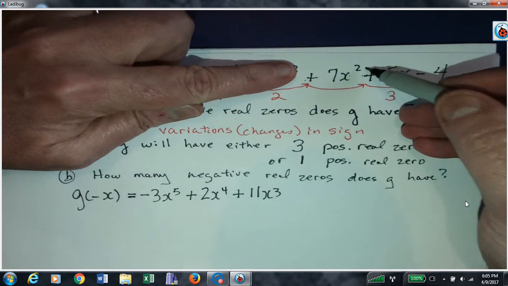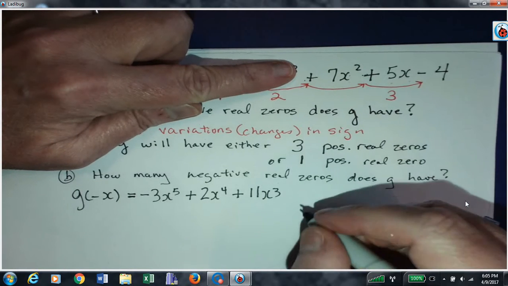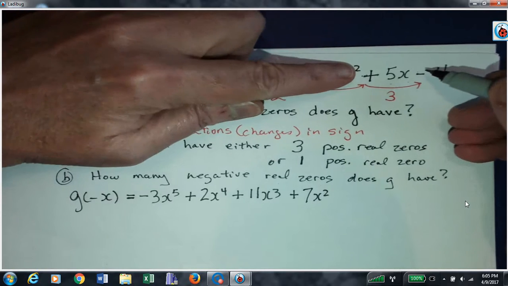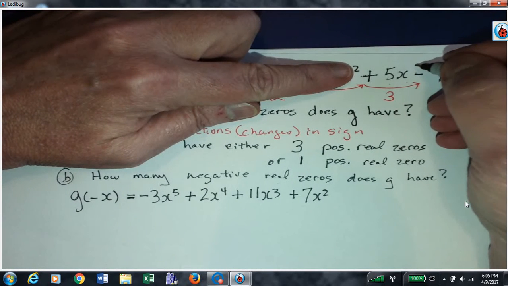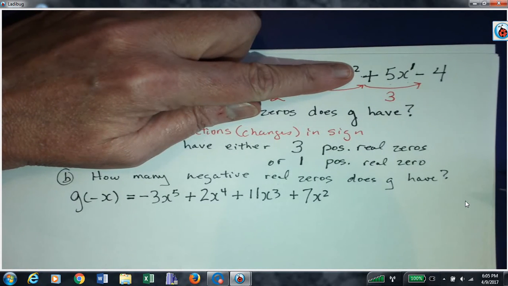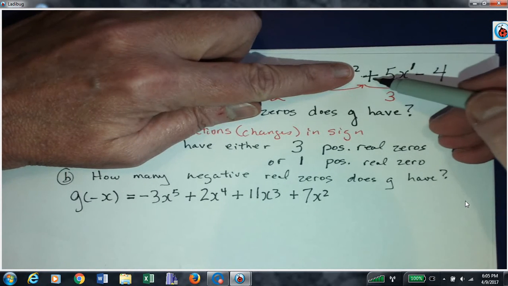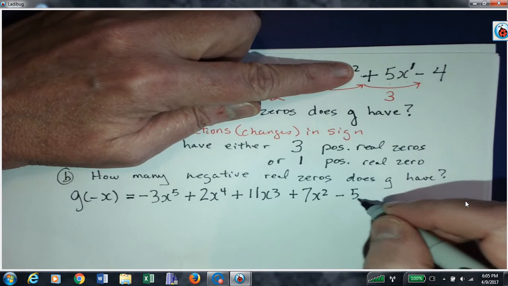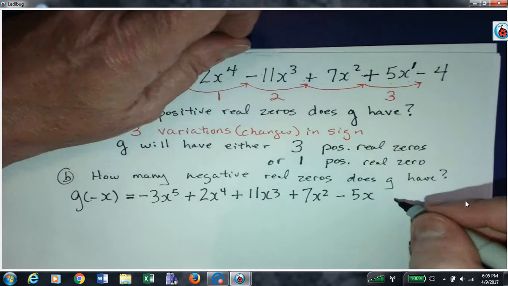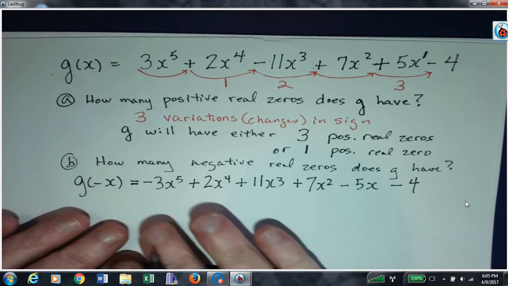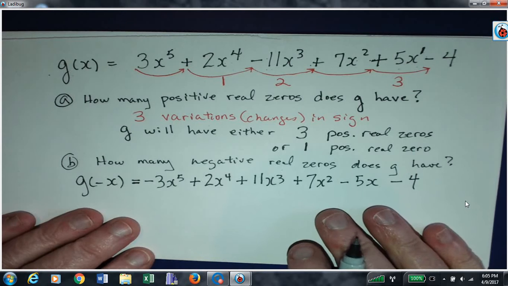The power is even, so everything stays the same. The power here is odd because x by itself is the same as x to the first power. So the power here is odd. The sign will change. And the constant stays the same. The constant is constant. Now I have the formula for g of negative x.